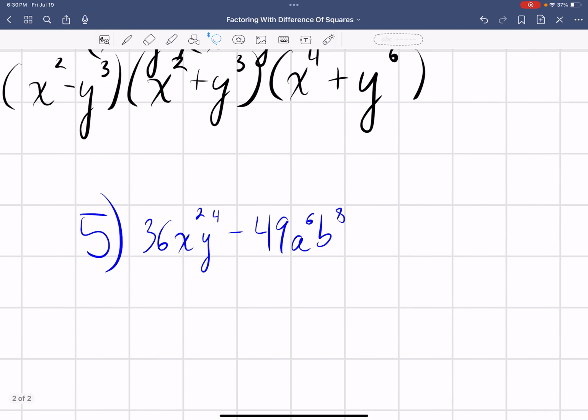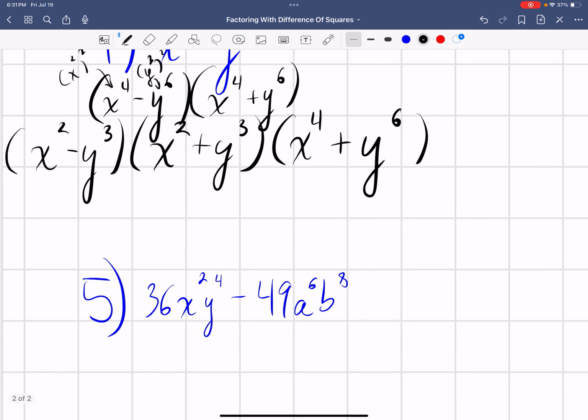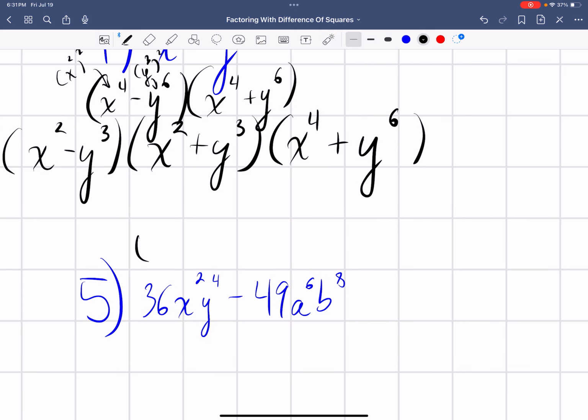Last one, it looks more intense, but it's really not any worse if we just think about each of the terms here on their own. Because going through, we notice that each of them is a square of something, for both of the terms. So we can just think about them one at a time. What squared equals 36? That's just 6xy squared. And for the second one, what squared equals 49?